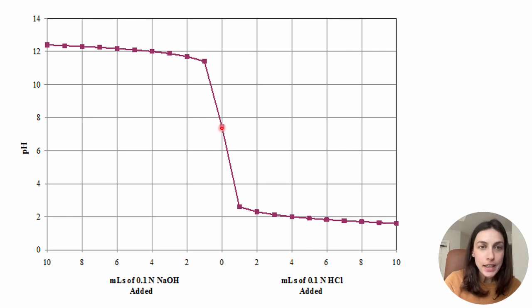So when you added that 1 milliliter of hydrochloric acid, notice that the pH went to like 2.5. And when you added a second milliliter of acid, pH is almost at 2, and by the time you added 4 milliliters of hydrochloric acid, your pH is at 4.